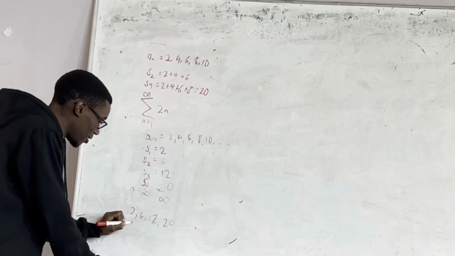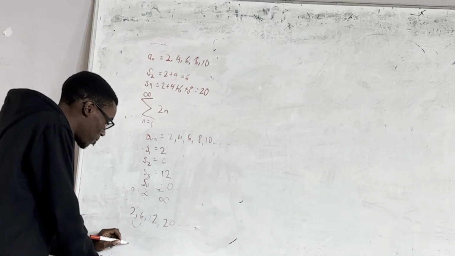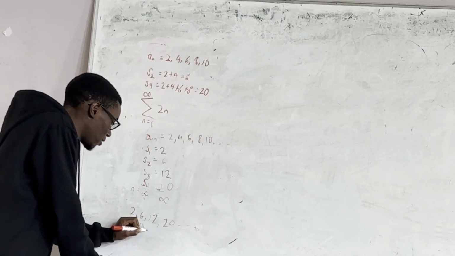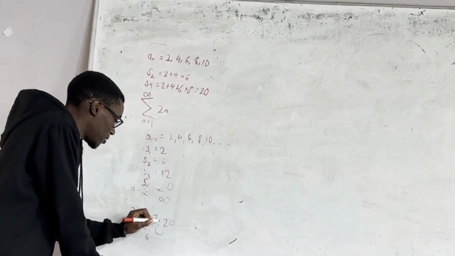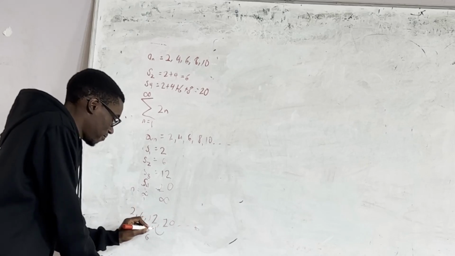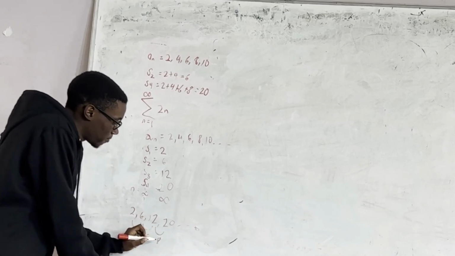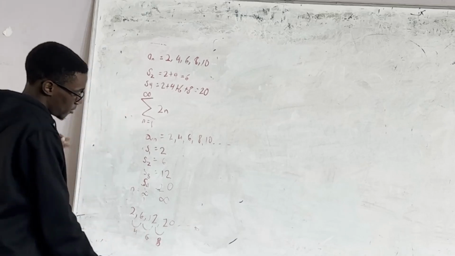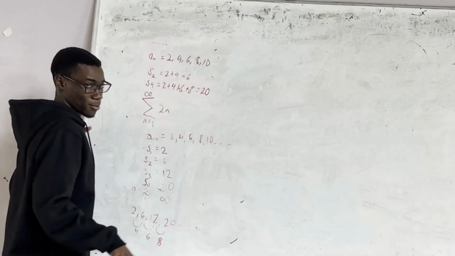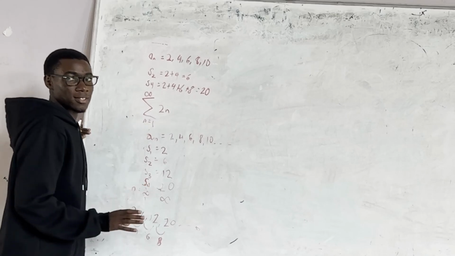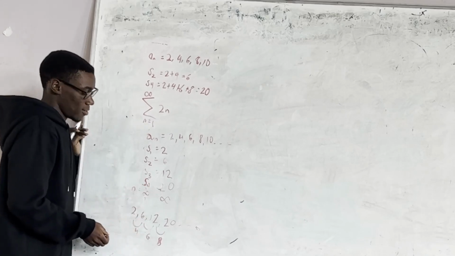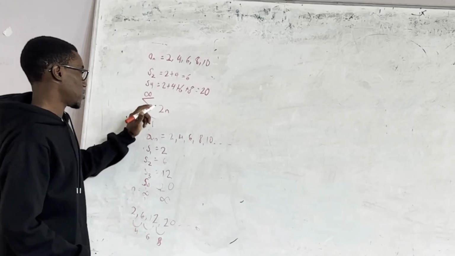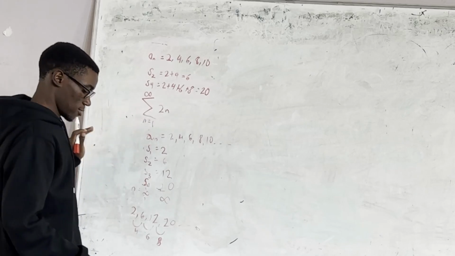Here the difference between these is 4, here it is 6, here it is 8. So you notice that it just keeps on increasing, so definitely it's not converging to a certain finite value. Here we conclude that this series is divergent.